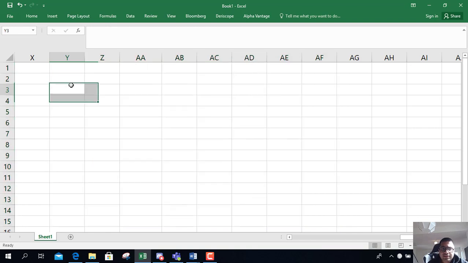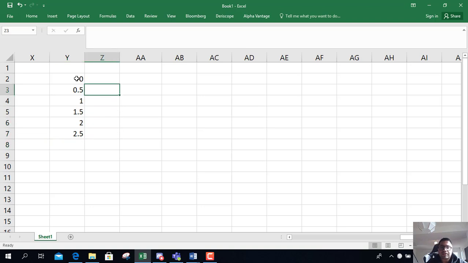So create a timeline. It starts with 0, then 0.5, that is the first 6 months, then 1, 1.5, then 2, that is 24 months, and 2.5, that is 30 months.